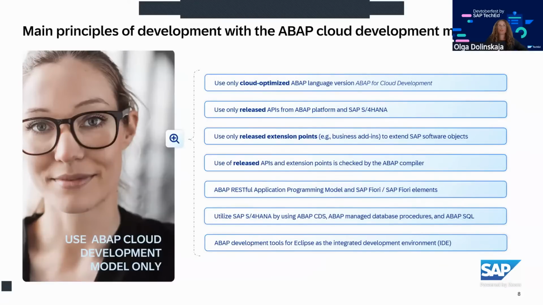If you take a closer look at the development with ABAP Cloud, then you need to know that you need to comply with certain rules of the ABAP Cloud development model. You use only the cloud-optimized ABAP language version. So the ABAP language version is set to ABAP Cloud development, and the syntax check controls the development. You can use only released APIs from the ABAP platform in S/4HANA and released extension points, for example, only BAdIs for extensibility.